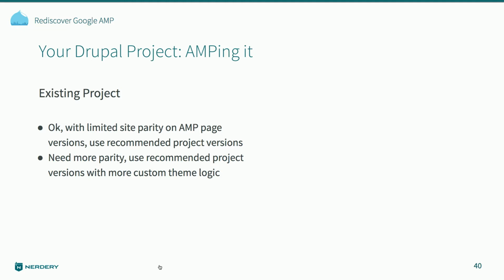Again, using the current recommended versions, not the experimental 3.x versions, is probably going to provide you a shorter path because a lot of it's done. But you'll be doing a lot more custom logic in your theme, perhaps, to make it all work. That'd probably be the shortest path and the least effort. But if you're looking for lots of parity, I would just start looking at the 3.x versions.